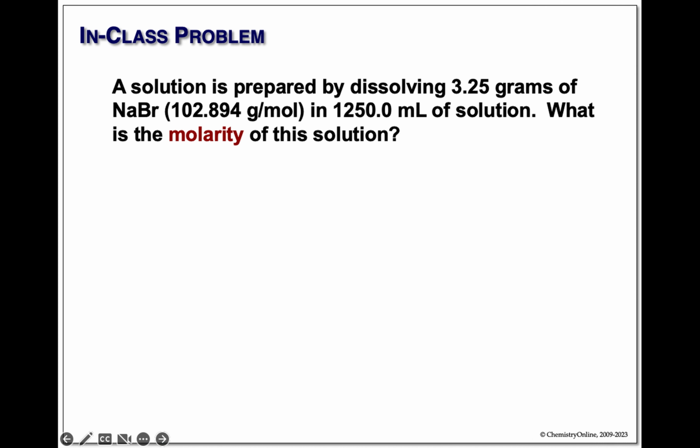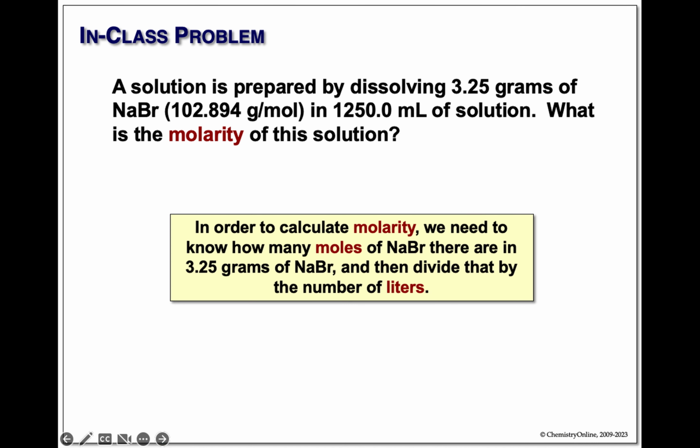We need to divide that by the number of liters. Now this is milliliters, so we have to divide this by 1,000. To get the number of moles, we have a mass, we have a molar mass. We can always remember, mass divided by our molar mass is going to give us moles. Once we know moles, just divide it by liters, and we get molarity.